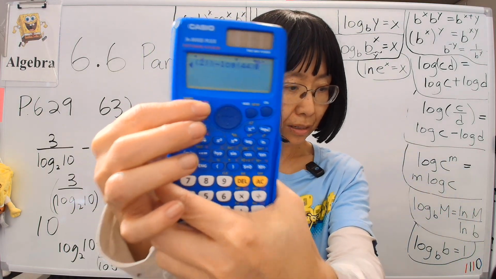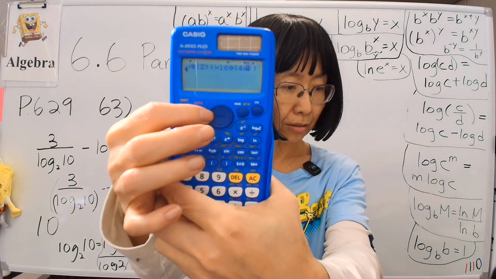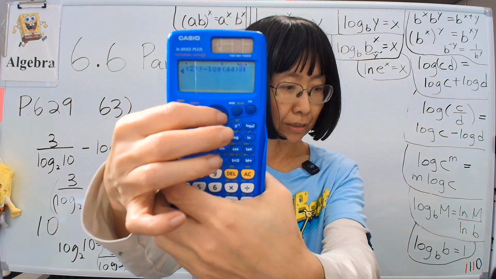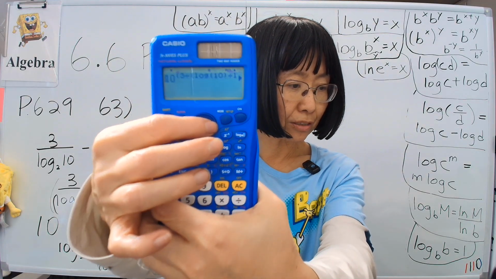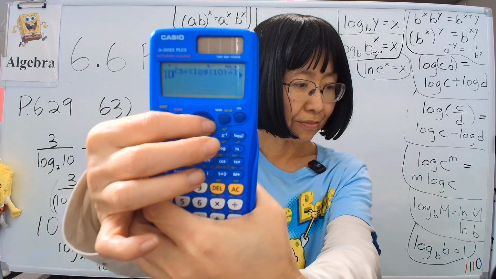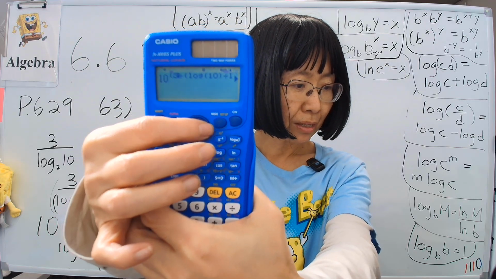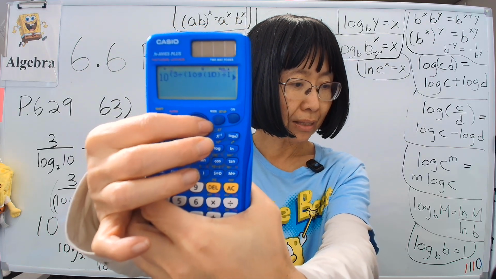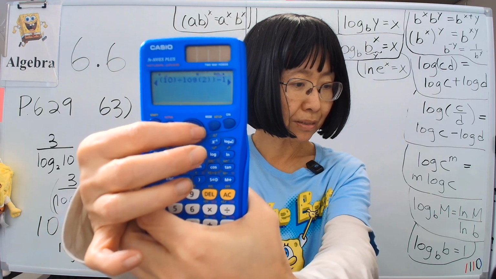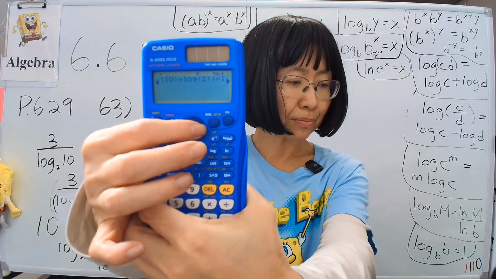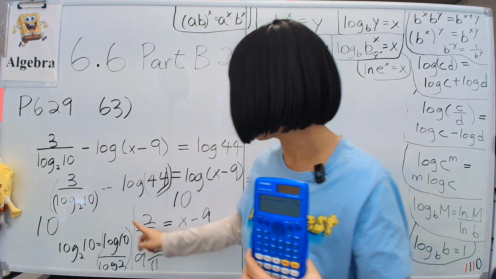I'll move the calculator a little closer so that you can see the whole thing. It will go to the beginning: 10 raised to the power, 3 divided by parentheses, log 10 divided by log 2, each in its own parentheses, then close the parentheses for the fraction, this one right here.